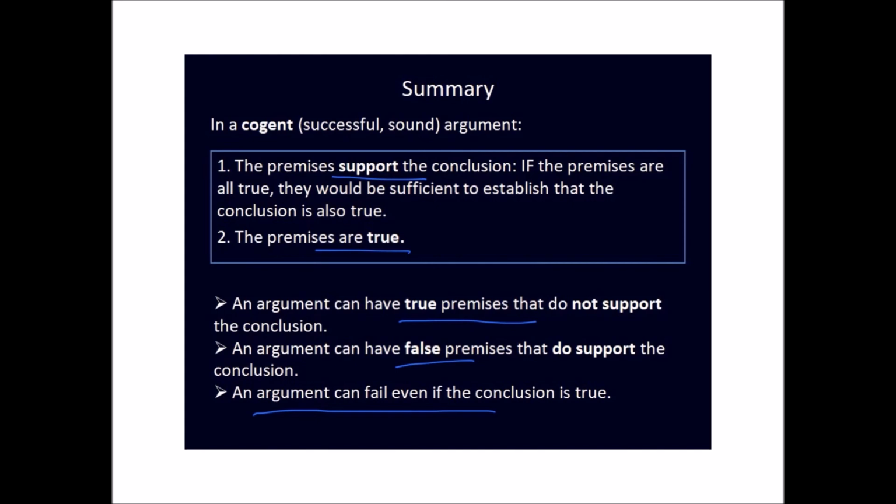Is this conclusion something I agree with, something I think is true? And if the answer to that question is yes, if you do already believe the conclusion, people tend to think, oh, that must be a good argument then, must be an okay argument, after all the conclusion is fine. But that's a mistake. You can have a bad argument for a true conclusion. So you need to evaluate the argument, not just the conclusion.